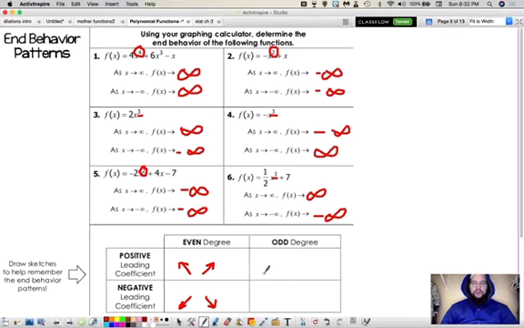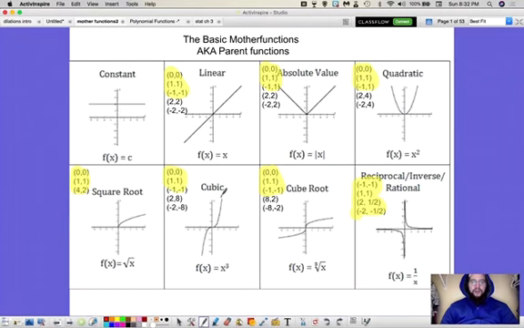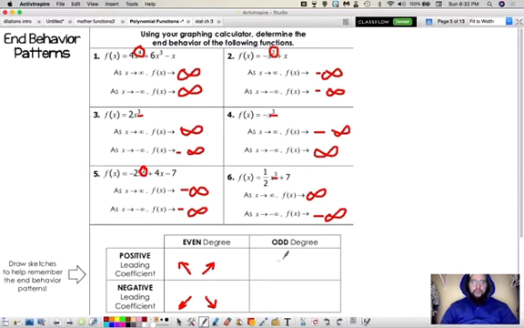Now, if it's an odd degree, remember your cube mother function, it's going down and up. So down, then up. And if you think about reflecting that, it's going to be up and then down. That's end behavior.